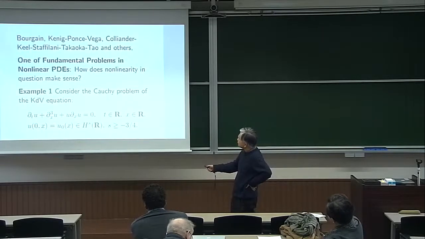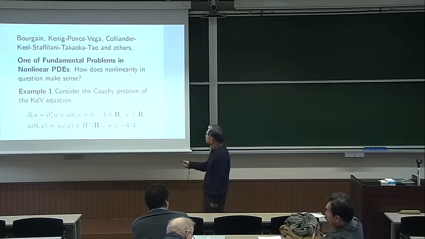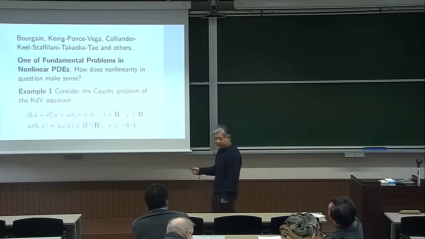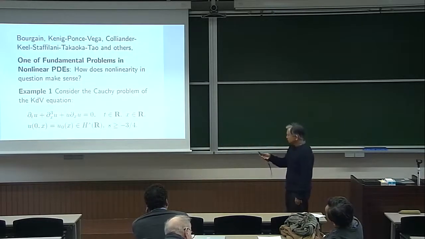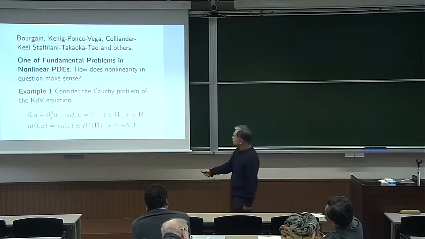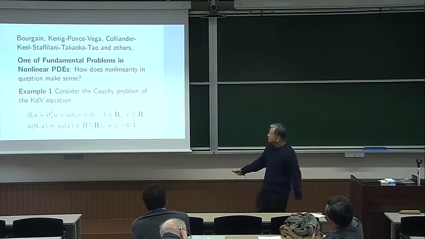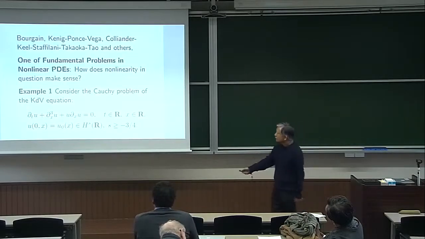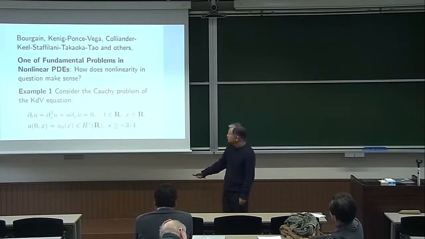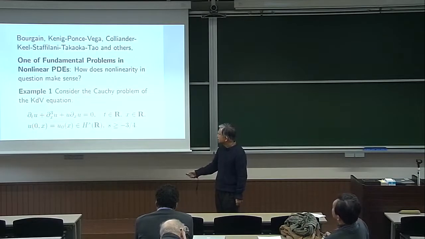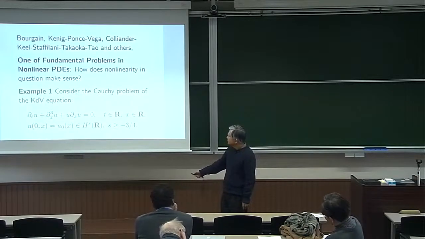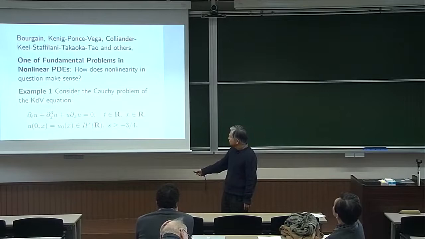One of the fundamental problems in nonlinear PDE is how the nonlinearity in question makes sense. Let me show you one example. Consider the Cauchy problem of the Korteweg-de Vries equation. The KdV equation is like this, with initial data here. The initial data belongs to the Sobolev space H^s, where s is larger than or equal to -3/4.